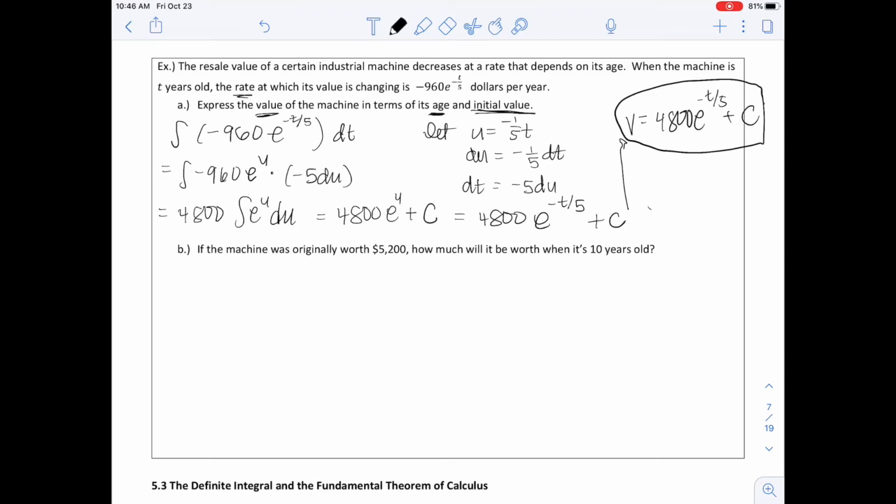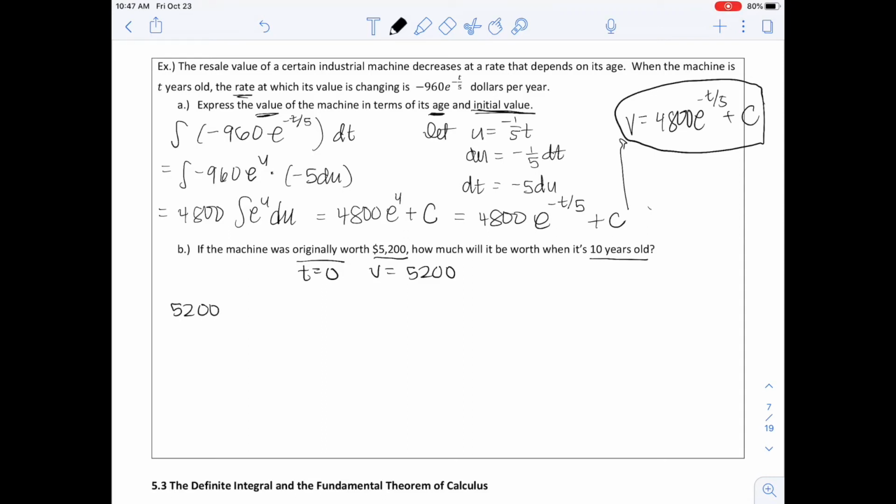Part B says if the machine was originally worth $5,200, how much would it be worth when it is 10 years old? Originally worth means when time is 0. So when time is 0, the value is equal to $5,200.